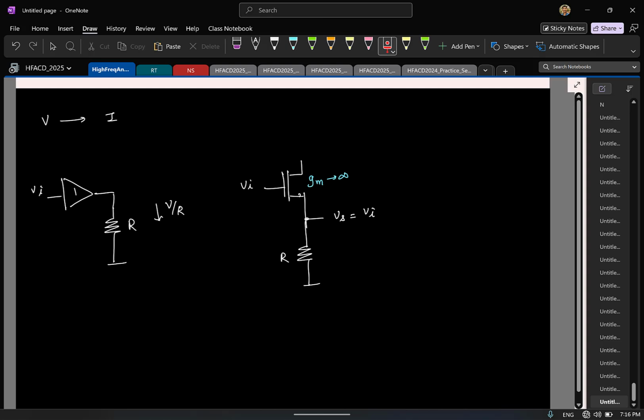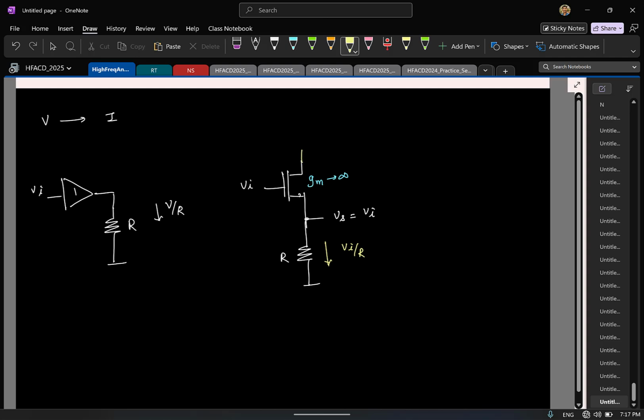We'll see in the next class why we can make the assumption. If you assume all the currents are finite, the current is GM times VGS. GM is infinity, so VGS should be 0 for the currents to be finite. Is that clear? Which means the current flowing here is exactly Vi by R.